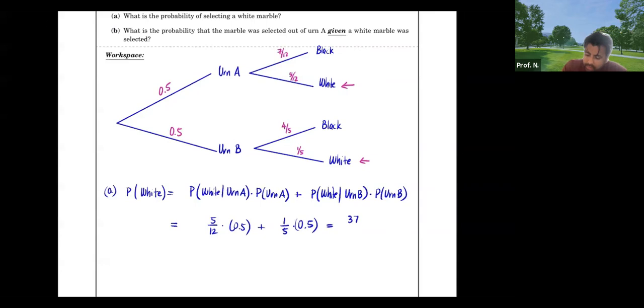This is 37 out of 120, which is approximately or equal to 0.3083 repeated. Does everyone agree with this? 5/12 times that.